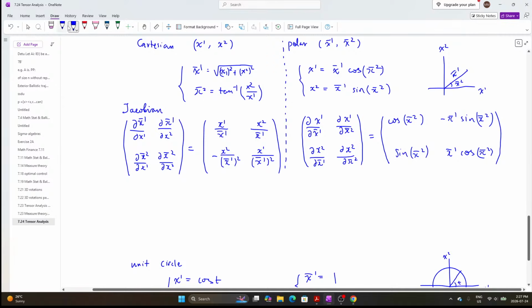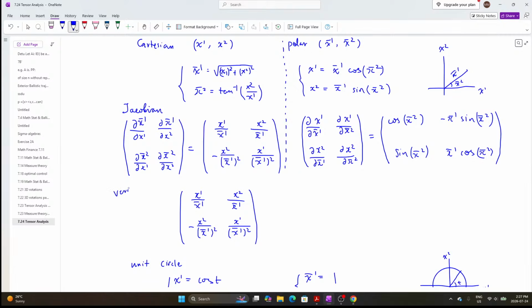Okay, so multiply the matrices to see if that gives you the identity. It better be, right? So let's now verify that dx bar^i over dx^alpha times dx^alpha over dx bar^j is delta^i_j.